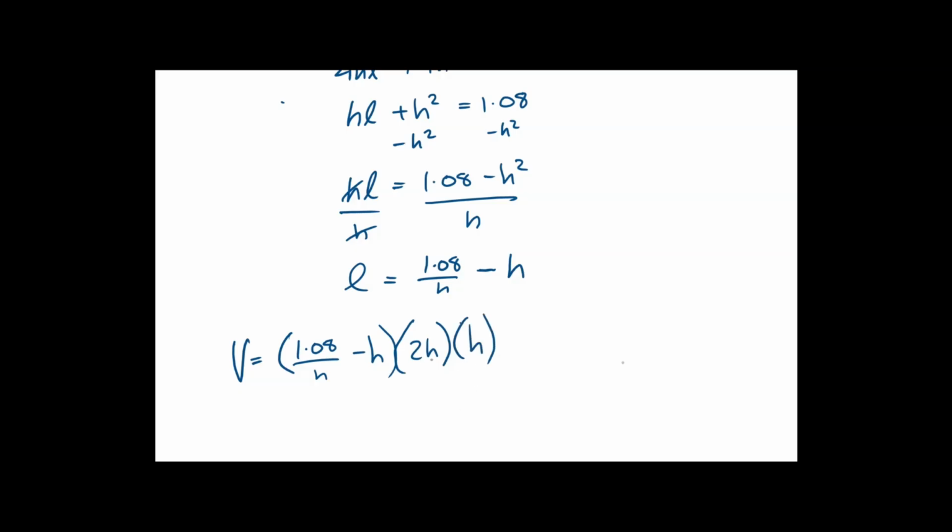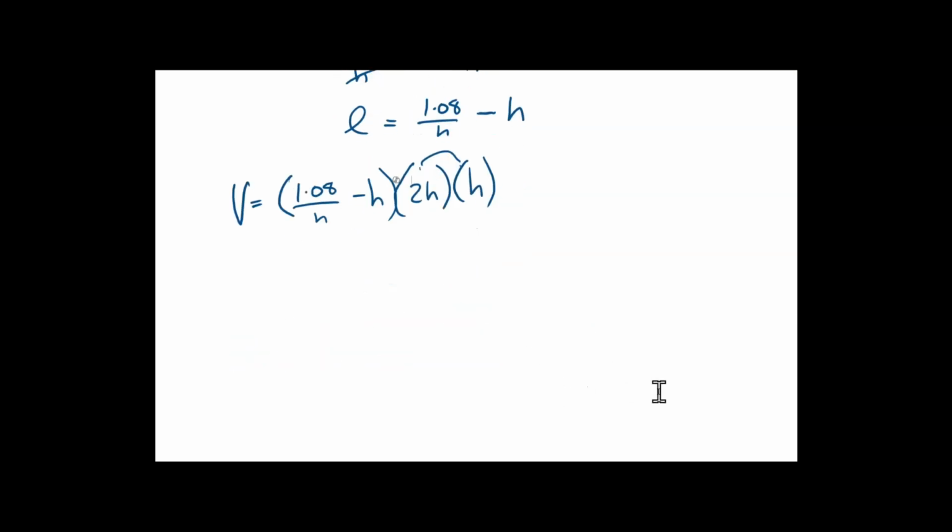All right, let's do it to it now. So let's get rid of this bracket first. So 2h times h is 2h squared, times 1.08 over h minus h. Now let's break out these brackets here. So 2 times 1.08 is 2.16, yes, 2.16 h squared over h minus 2h cubed.